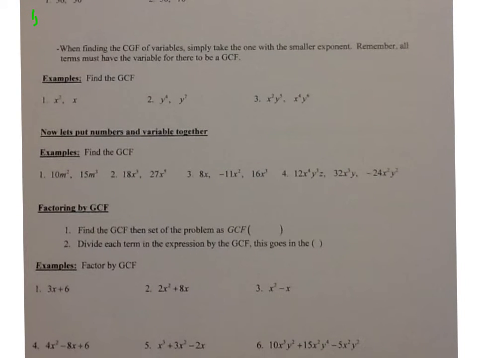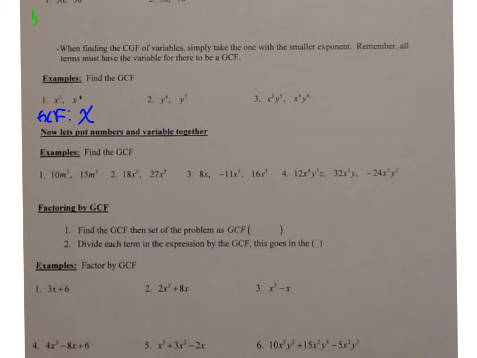We have x squared and x. Now remember, since I have an x with no exponent, that exponent really is a 1 there. So which one has the smaller exponent, x squared or x? That's this one. So the GCF is just x.